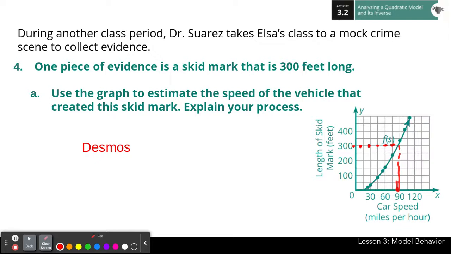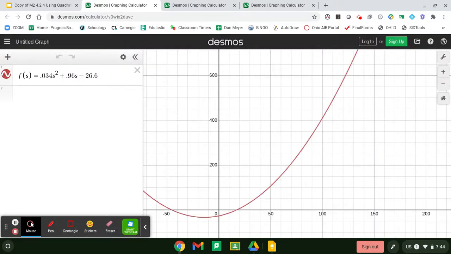I don't really like how inaccurate that is, so I'm going to go to Desmos and plug in the table. You would have already had to do this, and then you find your quadratic regression, and you'd get these 3 numbers to plug in.